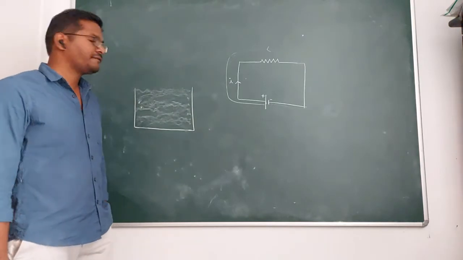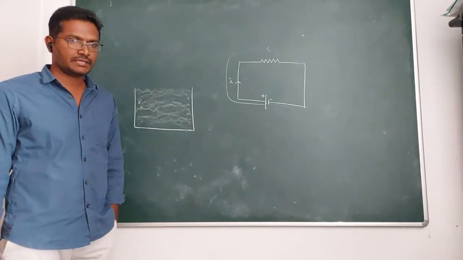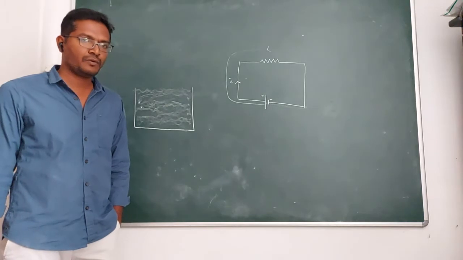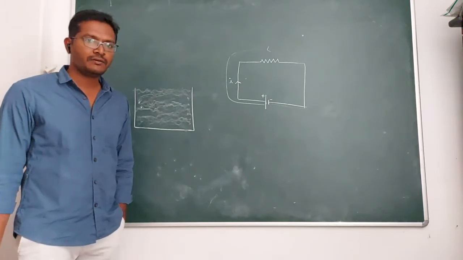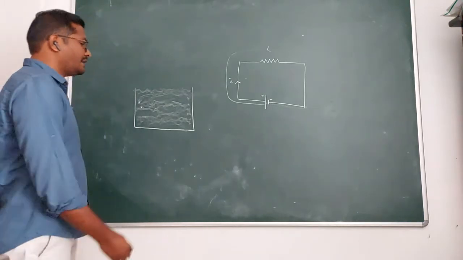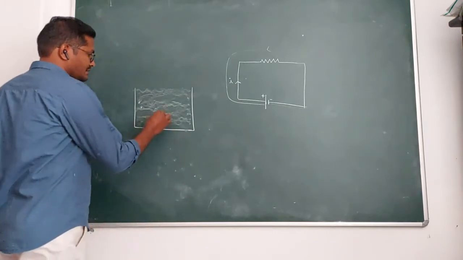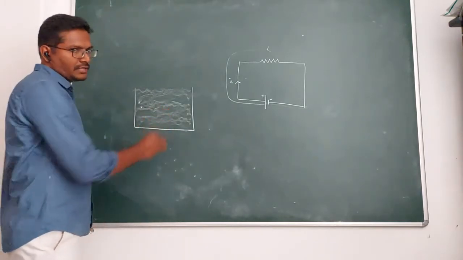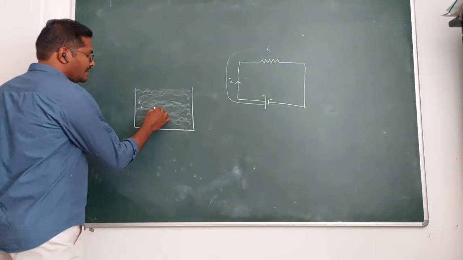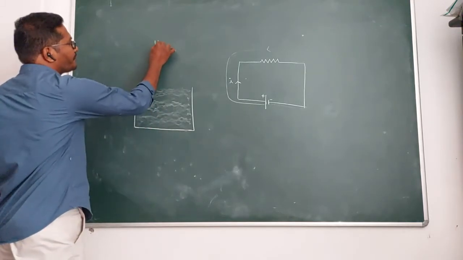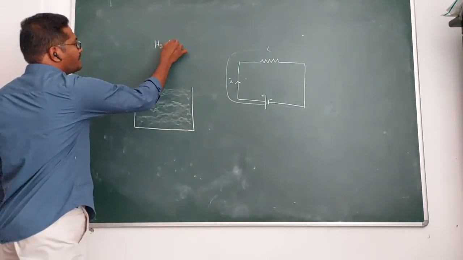A dilute H2SO4 solution is taken. If it is diluted, then you have free ions, H plus and SO4 minus.